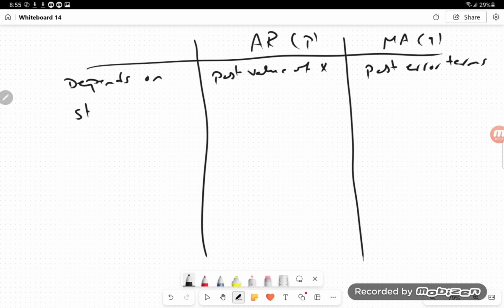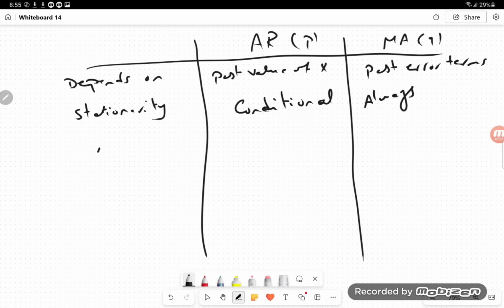With respect to stationarity, AR is conditional, it can be stationary or not, while MA is always stationary.